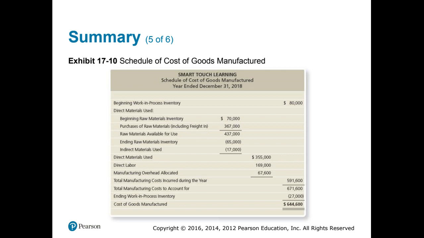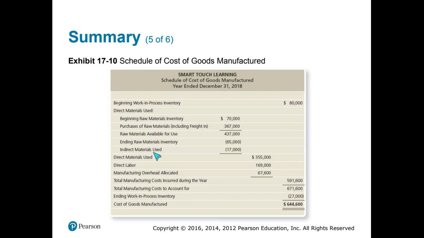The schedule of cost of goods manufactured. To create the schedule of cost of goods manufactured, you start with the beginning work in process inventory. We're going to list out all of our direct materials used. These are the accounts that are within the direct materials.